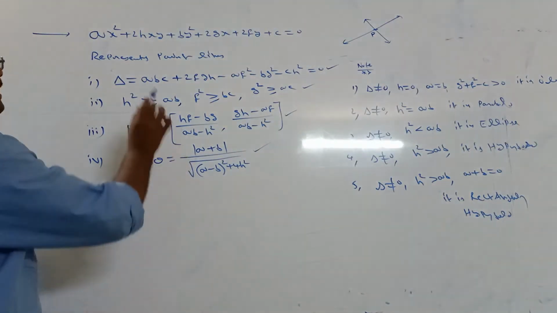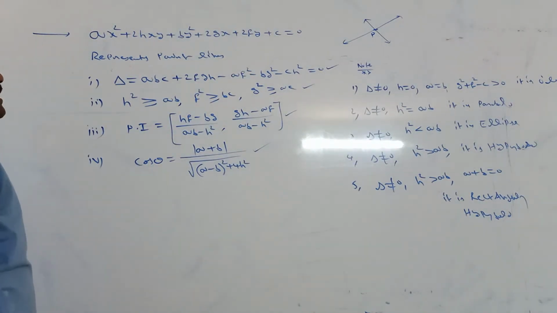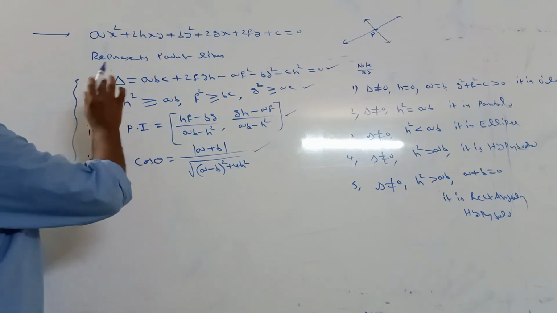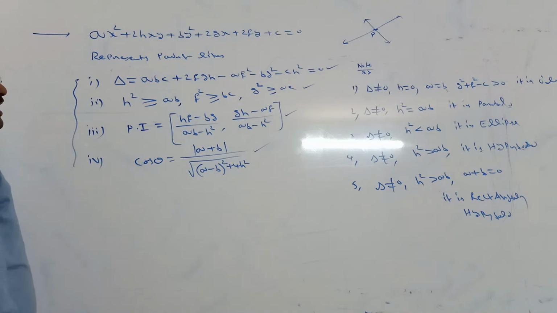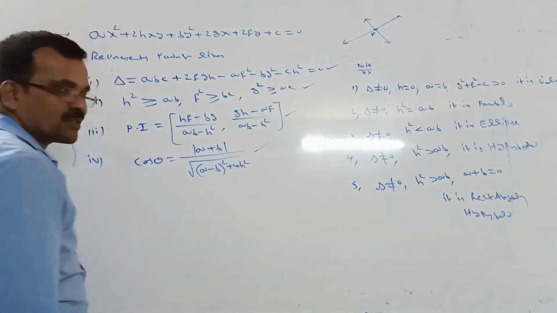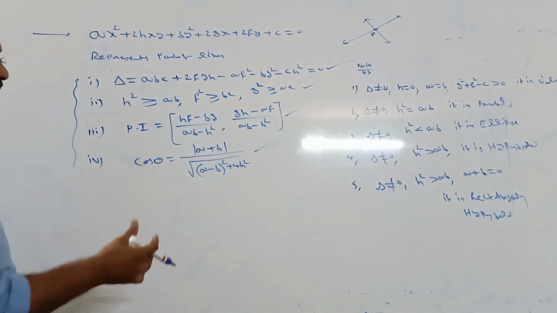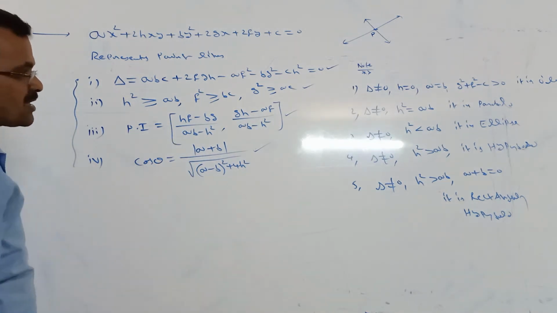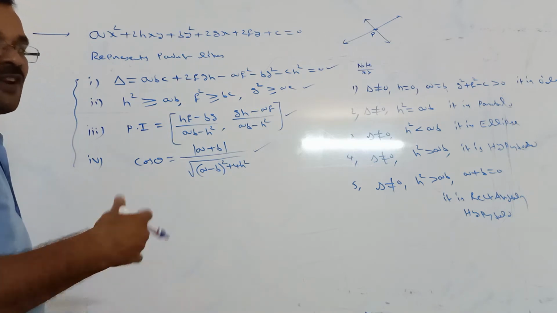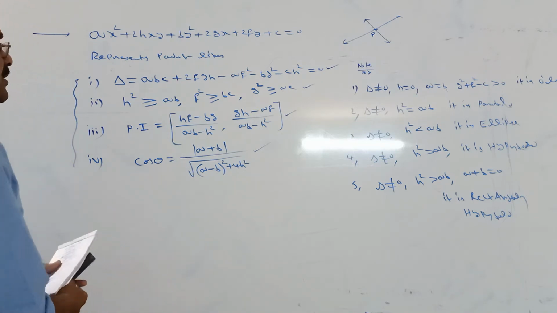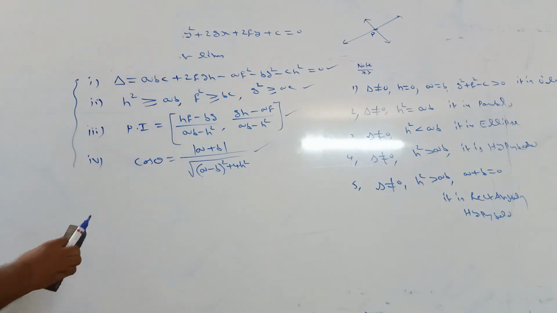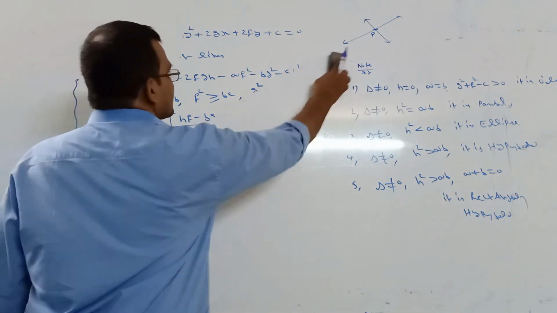So, the second degree non-homogeneous equation represents the pair of lines only in some cases. It does not always represent the pair of lines. Suppose delta not equal to 0, then it represents a conic section also. This is our concept to find whether the second degree equation is a pair of lines, otherwise a conic section.